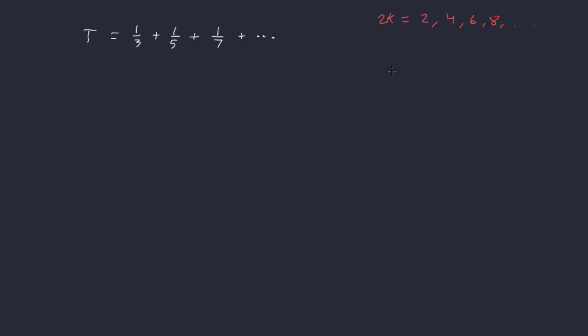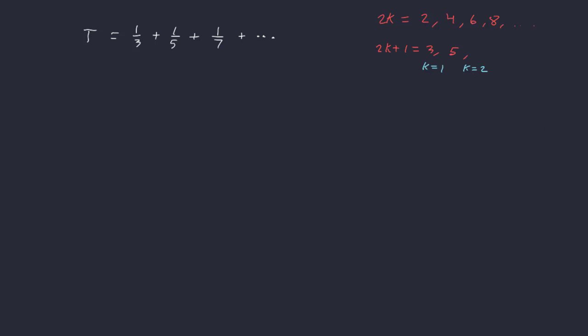To iterate through the odd integers, there are two ways to go about it. It depends on where you're starting. If you do 2k plus 1 and start at k equals 1, when you put in 1, you get 1 times 2, so 2 plus 1, which is 3. Then when you put in k equals 2, you get 4 plus 1, which is 5.